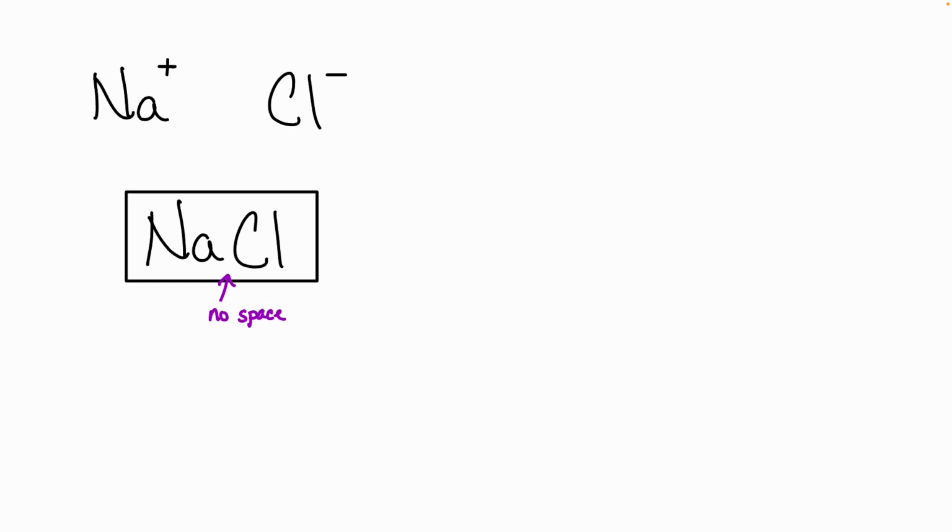All right, let's do another one. Let's do potassium and oxygen. And again, everybody's going to take a second and figure out what my charge is for my potassium ion and my oxide ion.